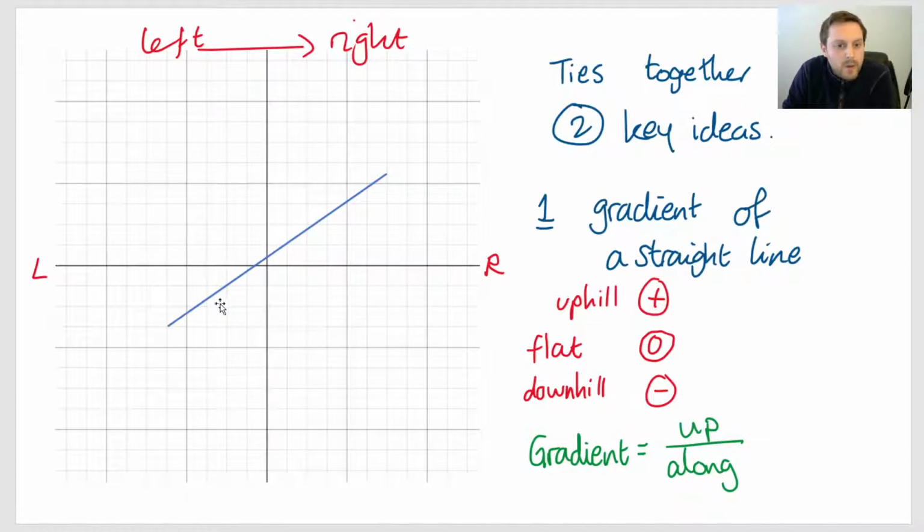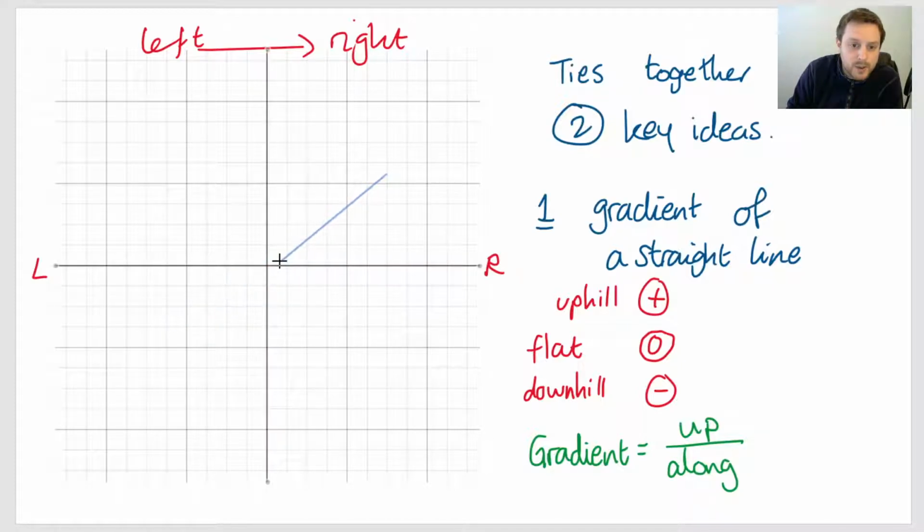So if you remember the one where it went 1 along and 2 up, well, that's also the same as 2 along and 4 up, or 3 along and 6 up. If you work out the up divided by the along for all of those options, you get the same answer.